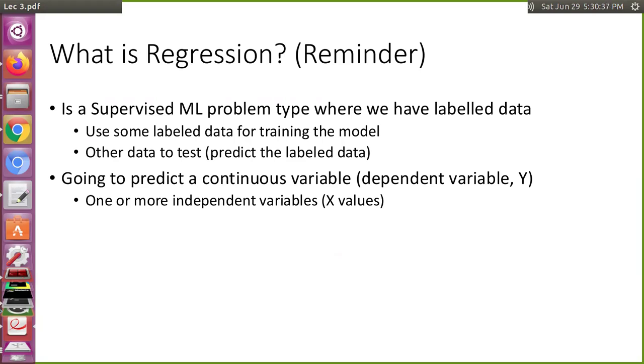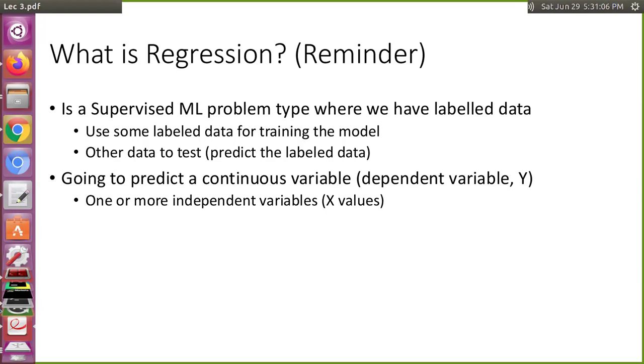There can be one or more X values for both supervised and unsupervised data sets, but in supervised machine learning, you should have Y values, that means labels. You should have a data set that has labeled dependent variables, so the already existing Y values, or dependent variables, are known as labels.